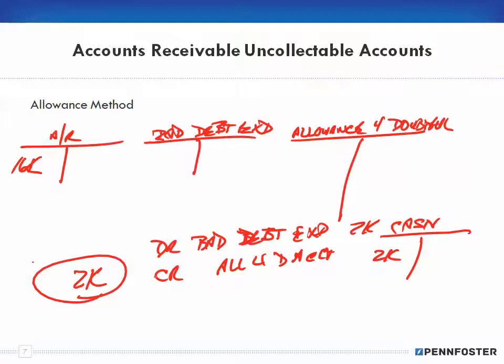When you post that to your general ledger accounts, you end up with the $2,000 under your bad debt expense, and you end up with the $2,000 as a credit under your allowance for doubtful account.